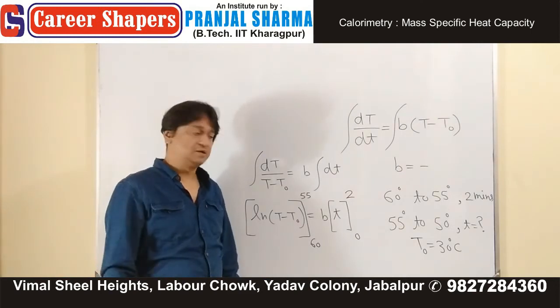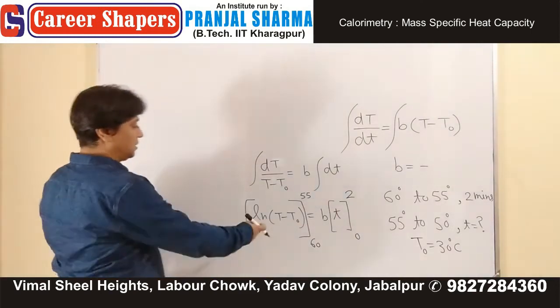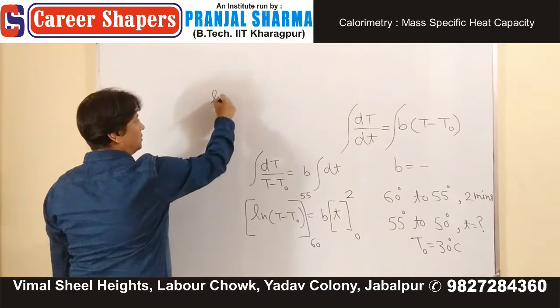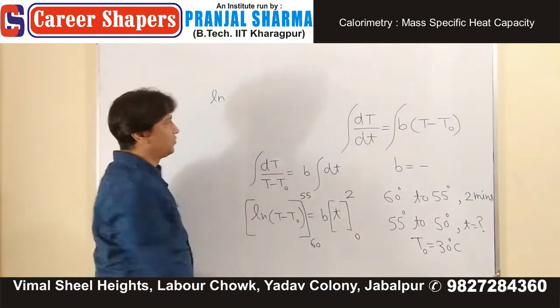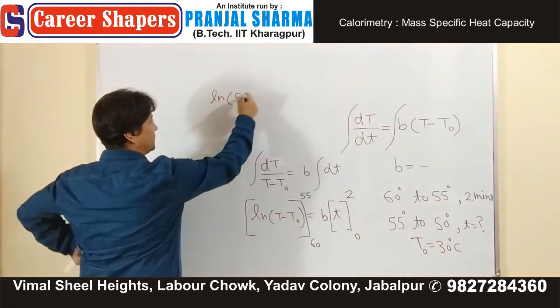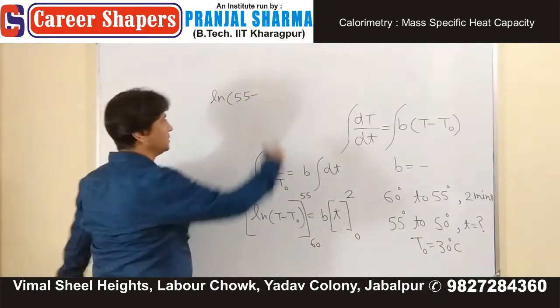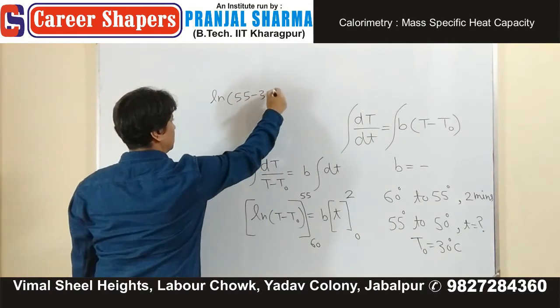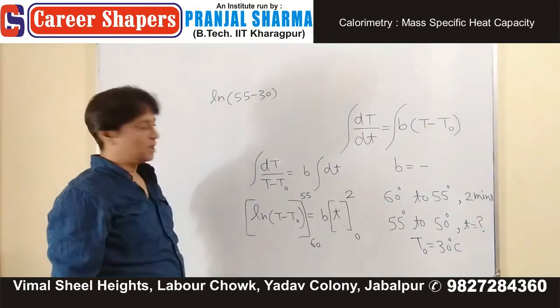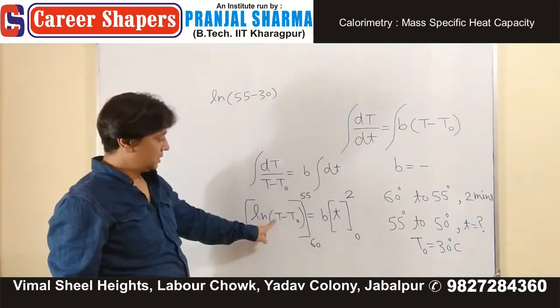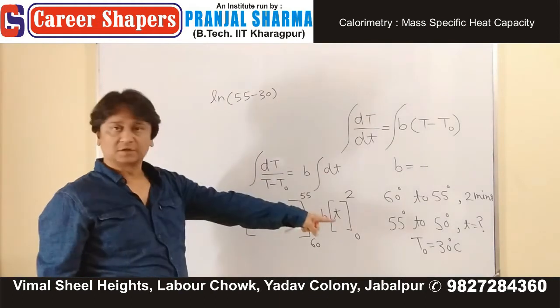Now you put the limits. Log, upper limit 55 minus t naught, which is 30. This is the upper limit. T is 55, t naught is 30.